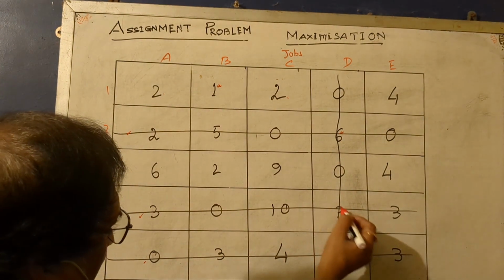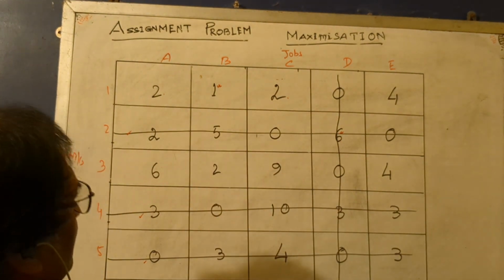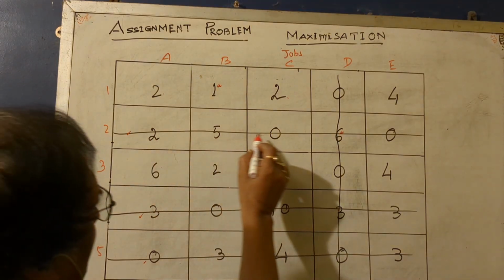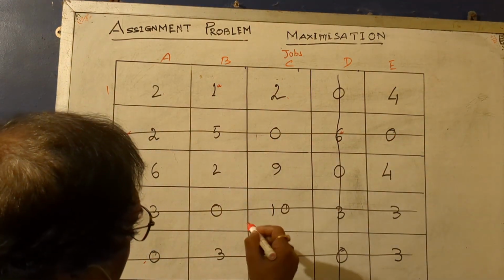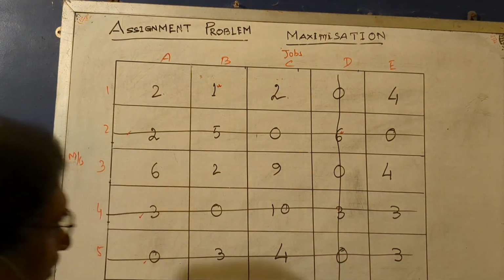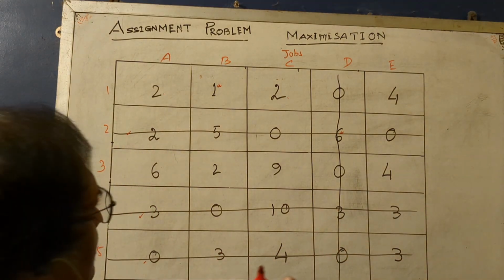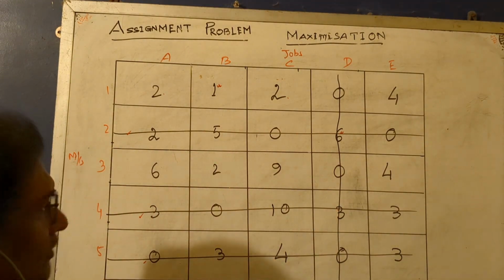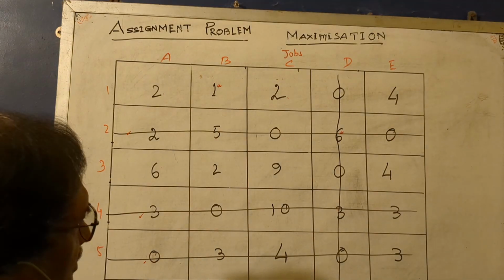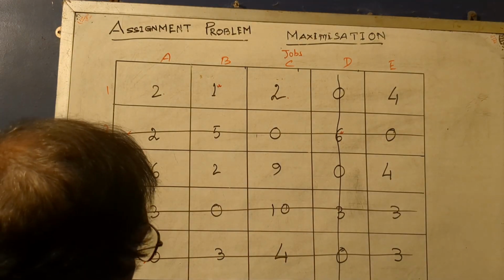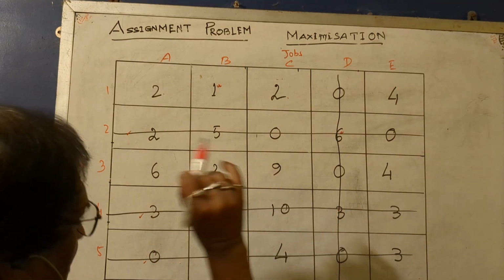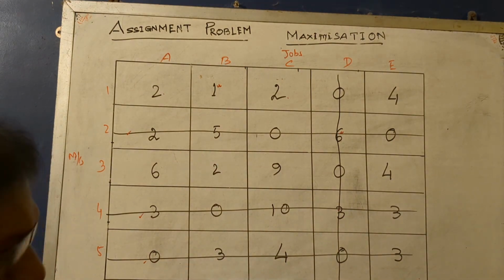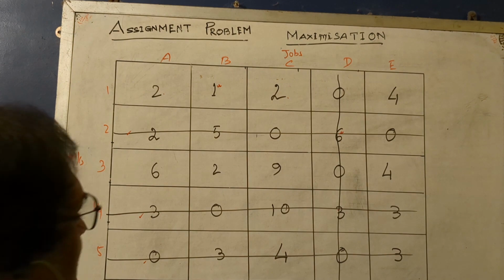You have to add that number to the junction point, and all the other elements which are covered by the lines will remain the same. I am doing it with the red marker on the same matrix so that I can save space. Due to the problem of space, I am doing it on the same format. But you do it on a separate page.